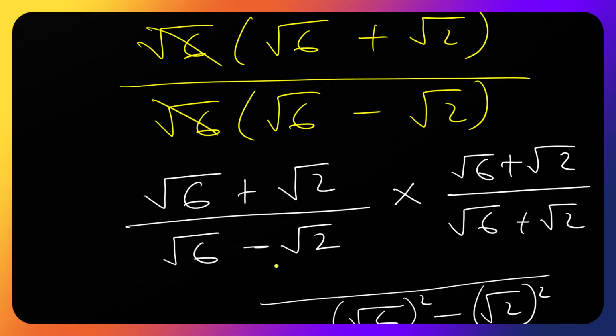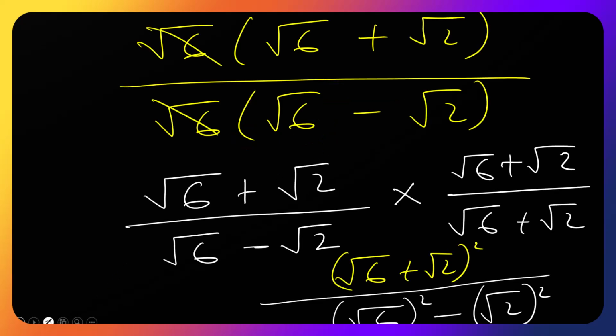So from here, this one is equal to that. So that will be square root of 6 plus square root of 2 all squared. So this side will be 6 minus 2. And this one squared will be 6.